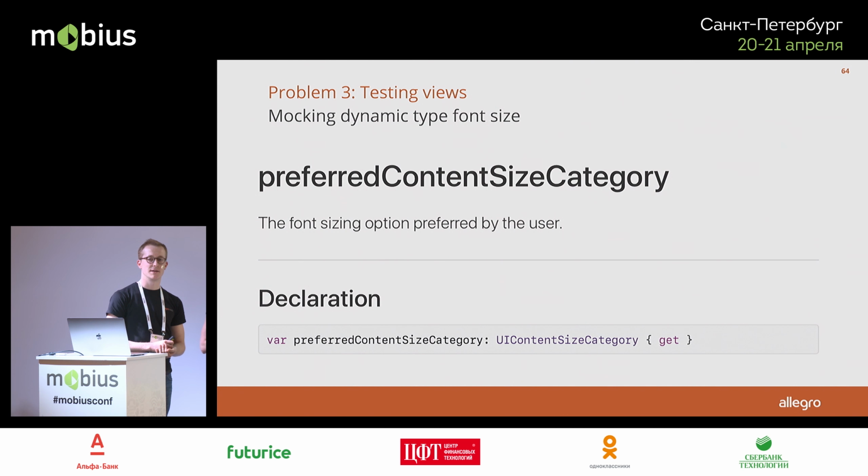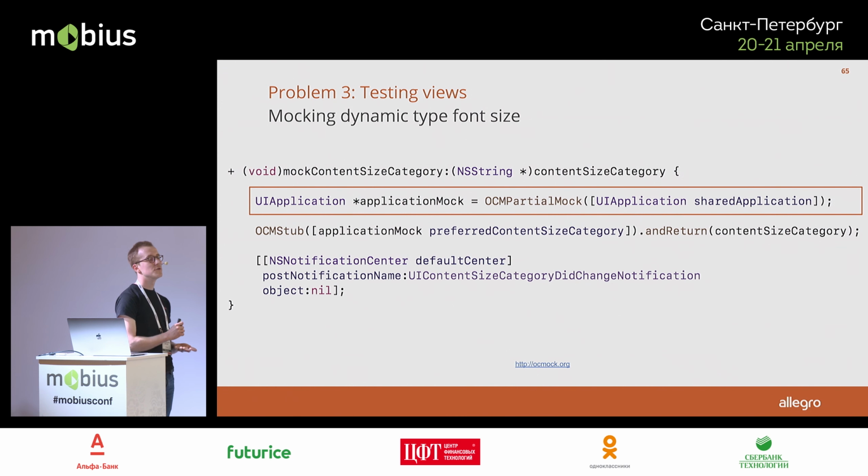Mocking dynamic type is a little bit more difficult. From code, we can get this font size by calling preferred content size category property on UI application. But as you may see, this property is read-only. So we cannot just set it to any other desired value. That's why we need to use dynamic features of Objective-C and precisely swizzling to return the content that we want.